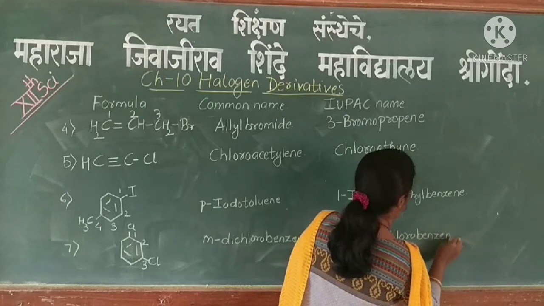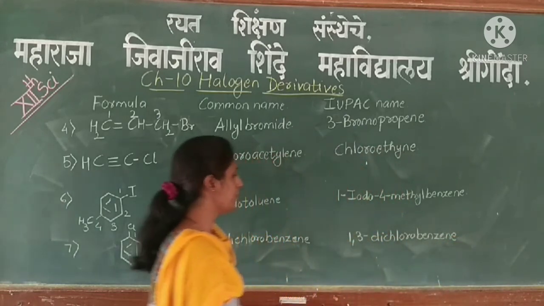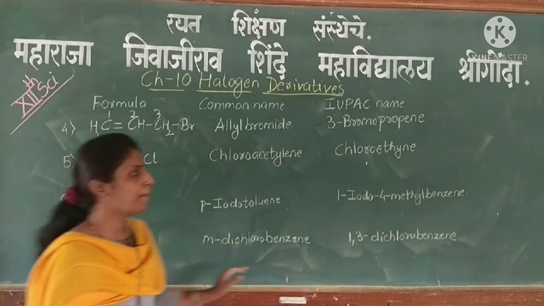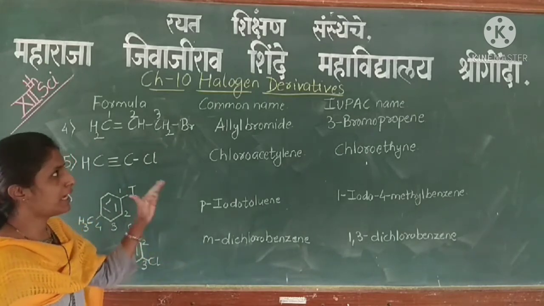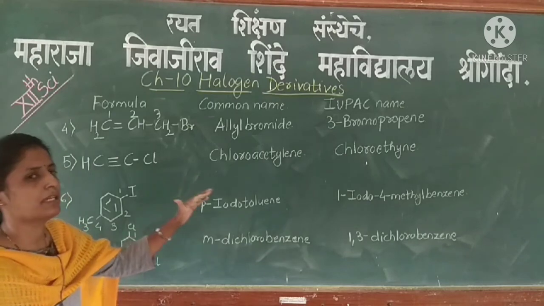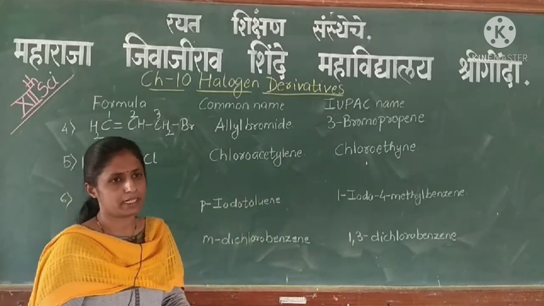So the IUPAC name will be 1,3-dichlorobenzene. So these were some of the examples where we have written both the common name and the IUPAC nomenclature.